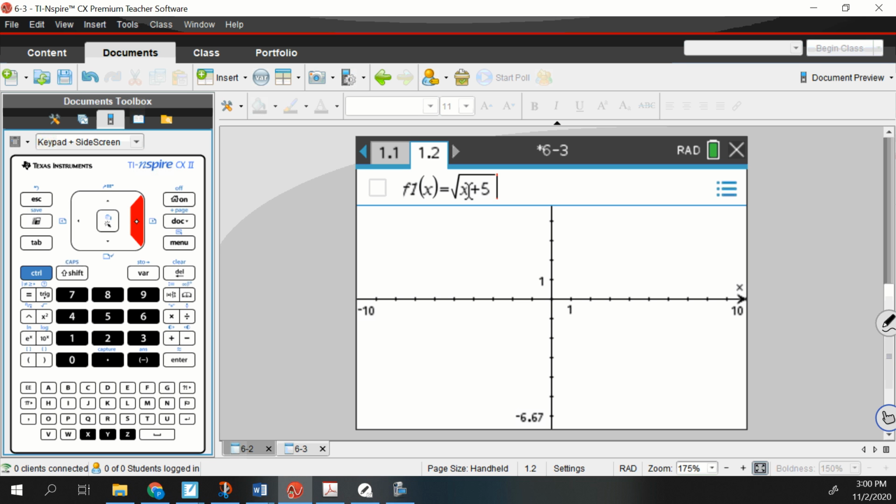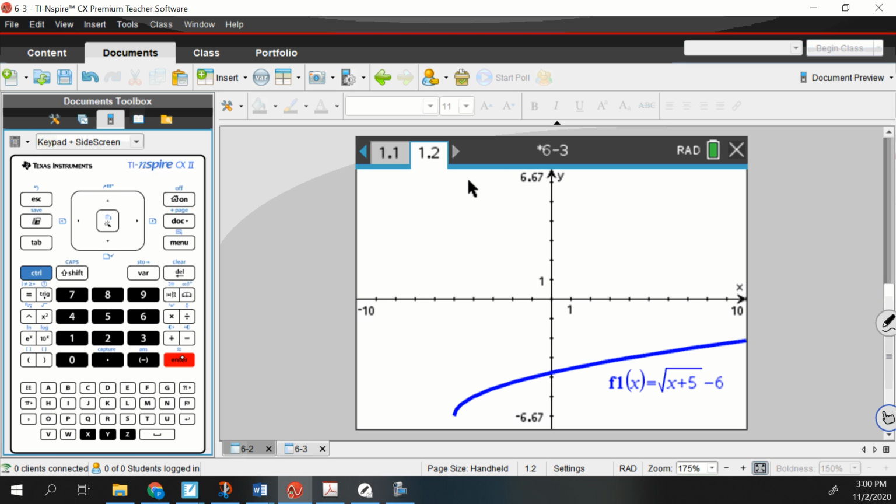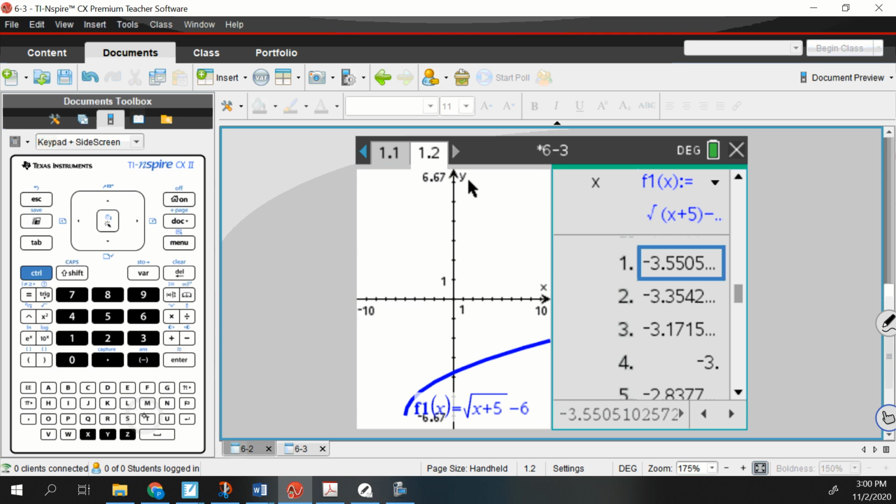Then make sure you hit the right arrow to get out of the square root. Don't hit the down arrow, hit the right arrow, and then minus 6. And hit enter. And then we want to know what y values go with 4 and 11. So we're going to go to the table. We'll do Control T. Well, at 4, we have negative 3. And if we go down to 11, we have negative 2.